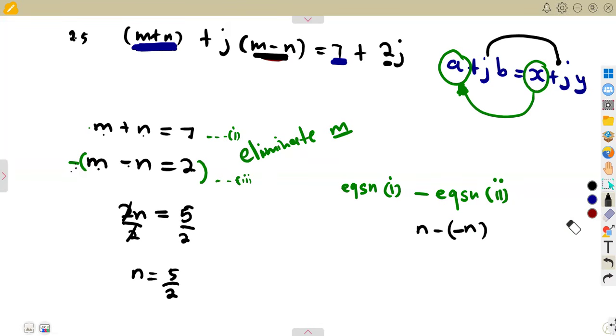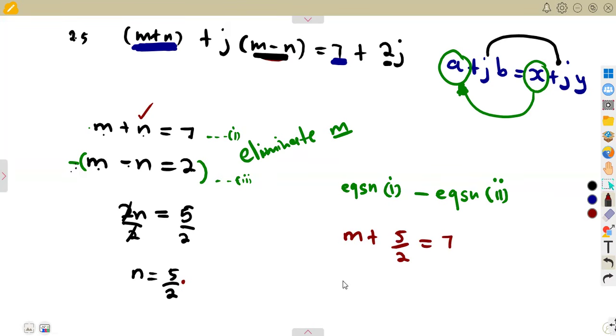Having the value of n, I can eliminate n then solve for m if I want, or I can just substitute the n that I'm having into any of the equations. I can substitute in the second equation. In place of n, it means m plus 5 over 2 is equal to 7.